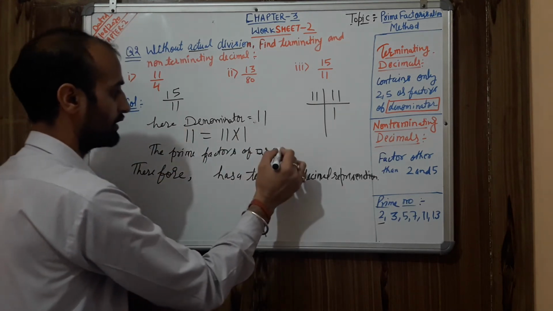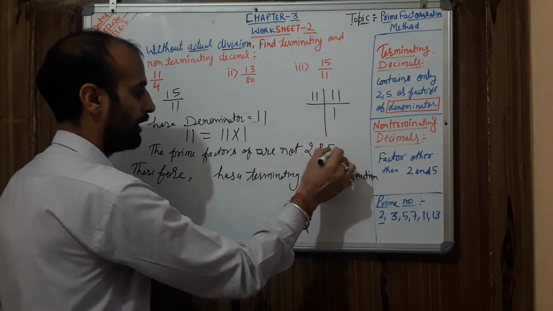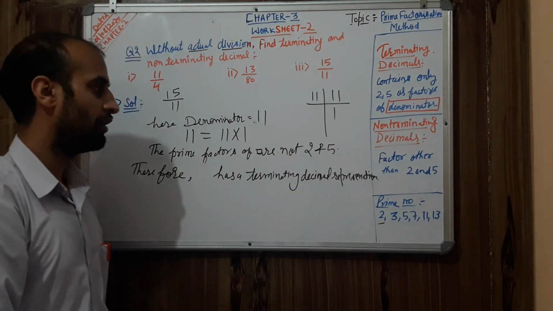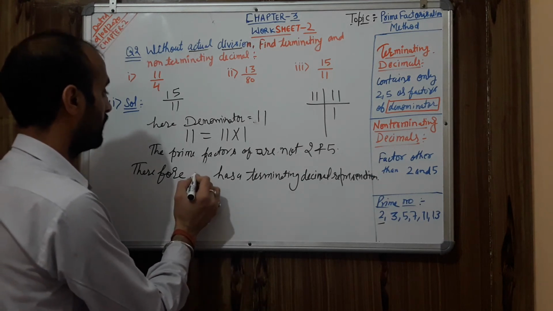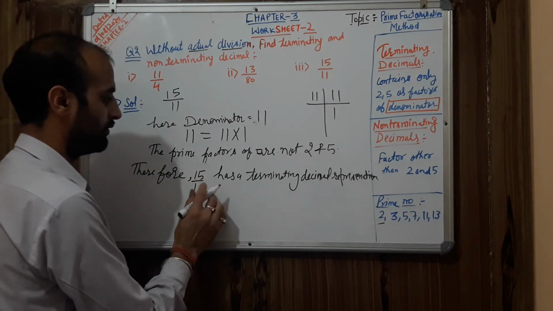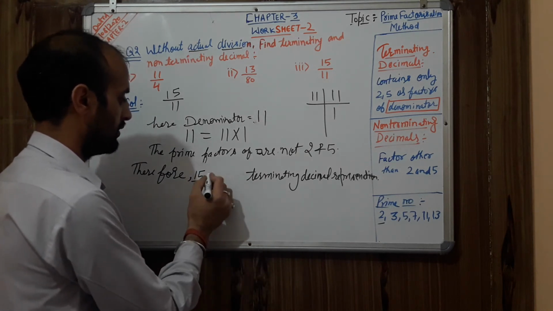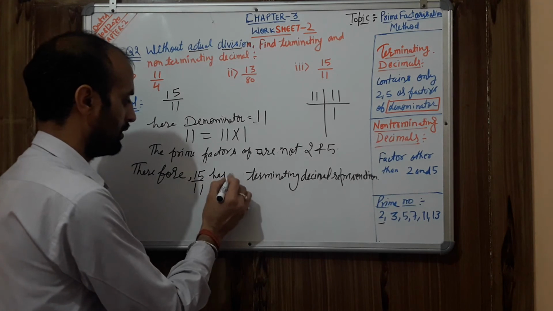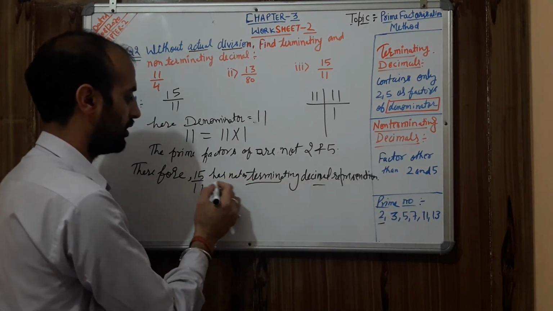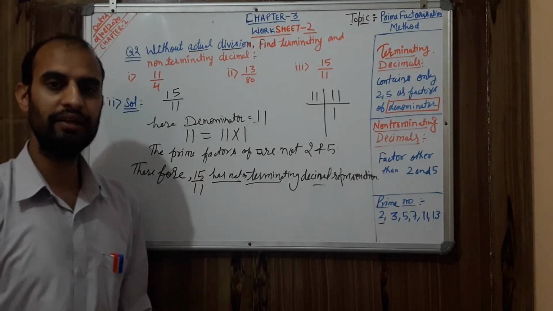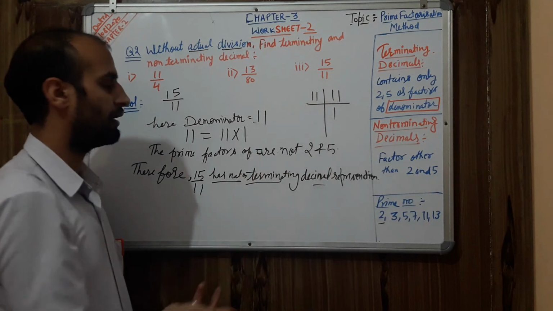So the prime factors are not 2 and 5. Therefore, 15 upon 11 cannot be represented as a terminating decimal. Reason: here we got only factors 11 and 1.